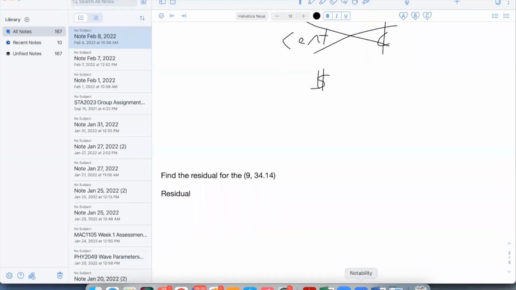So I know the actual, that's from the table. I've got to figure out the predicted now, what the model says the temperature should have been.